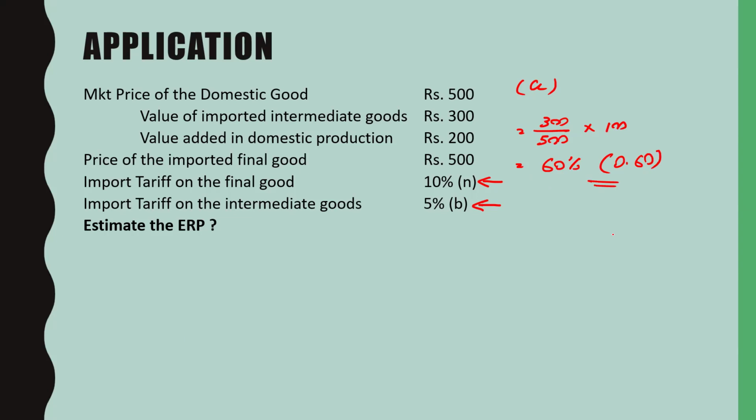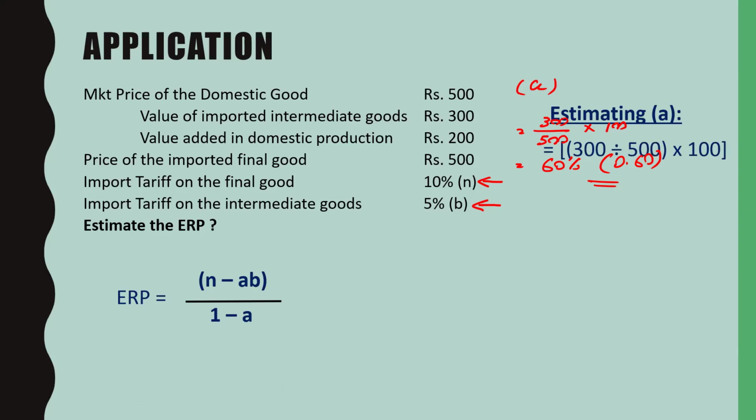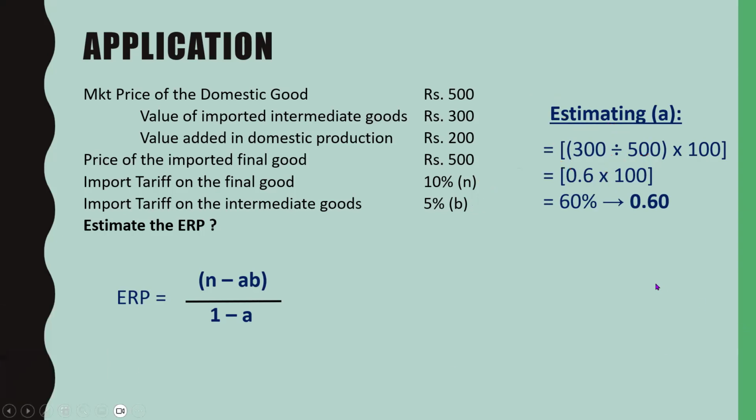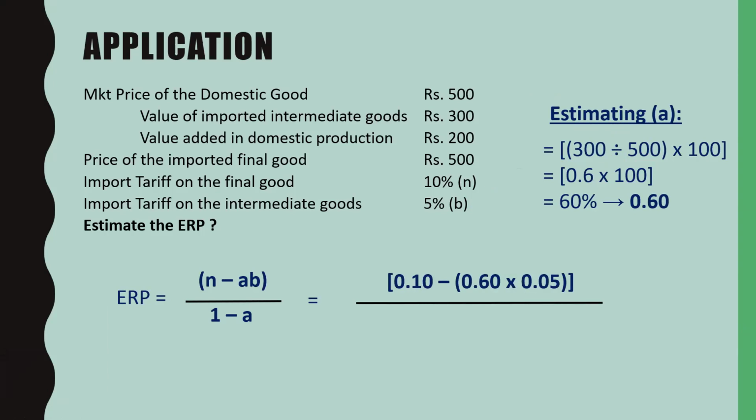So 0.60 is the fraction we are looking for. Are we okay? If we know that, it's a simple calculation. Anyway, you guys can quickly do this with me. It's very straightforward. A small additional thing to know. So apply the values. N is 10%, 0.10, minus a into b.